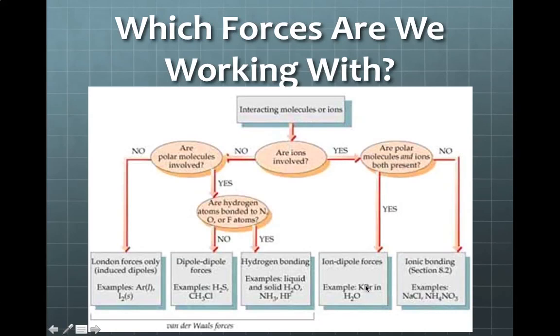But we also have water showing up here as hydrogen bonded to nitrogen, oxygen, and fluorine, where we have a polar molecule. So we can see some of them show up in multiple places. If we don't have polar molecules, but we just have ions, then I have an ionic bond, like sodium chloride. If I have no polar molecules involved, then those are my London dispersion, or my London forces. And all of these fall roughly under van der Waals forces.